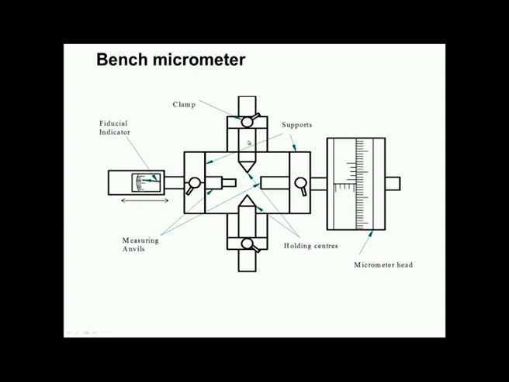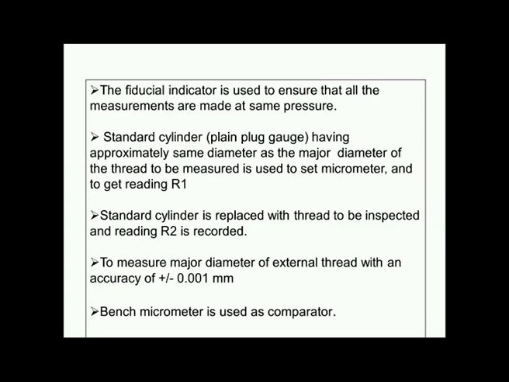Now, it is very essential that the axis of these holding centers should be perpendicular to the axis of the bench micrometer. In order to use this bench micrometer to measure the major diameter, normally the bench micrometer is used as a comparator.